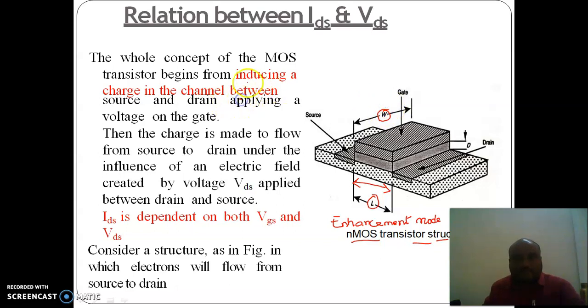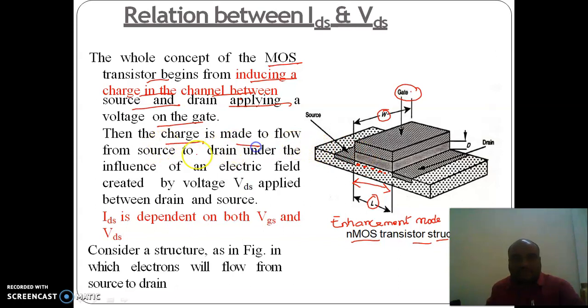The whole concept of this MOS transistor begins from inducing a charge in the channel between source and drain by applying a voltage on the gate. Depending upon the charge induced in the channel, the current will flow.